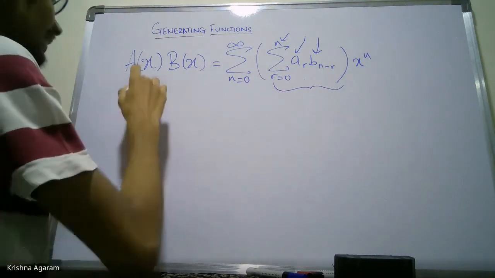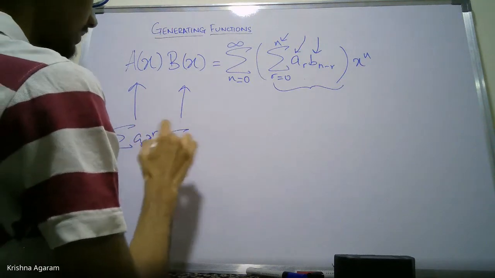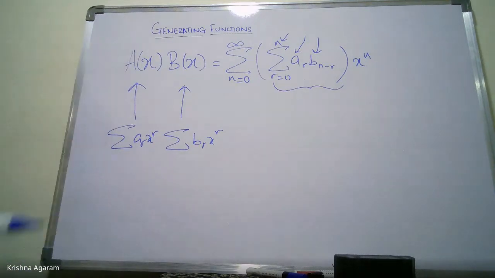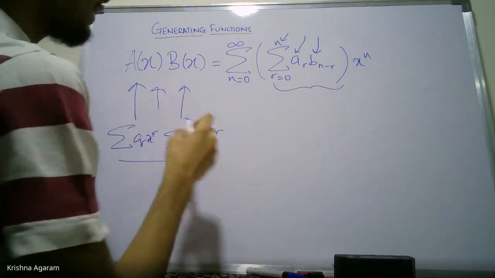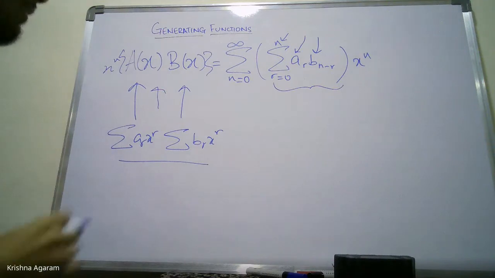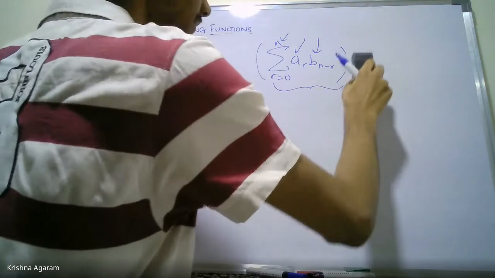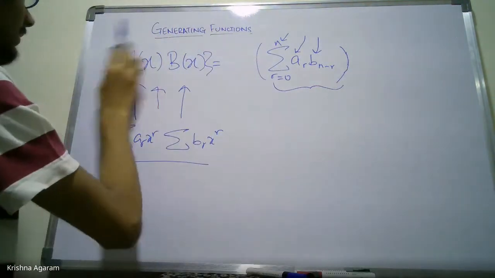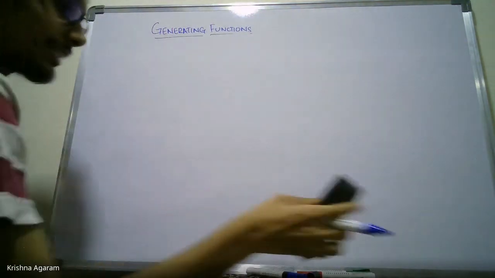So what you do, you just find a of x, b of x. This is just ar x to the r. This is just br x to the r. When I don't mention the indices, it's usually just 0 to infinity. So you can do this, simplify, multiply, and then look for the coefficient of x to the n, and then what you get is your summation for free. So basically, that's where they're very useful. Okay. So is this clear? Yeah, I assume it is.